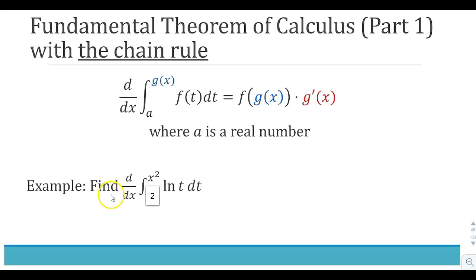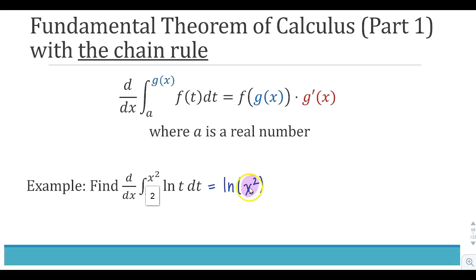So applying this, find the derivative with respect to x of the integral from 2 to x squared of the natural log of t dt. So here, again, the derivative with respect to x, I do have an area function here, but instead of x, I have a function of x squared. So the x squared does replace the variable t in the integrand, so I have natural log of x squared, but then I have to multiply by the derivative of the inside.